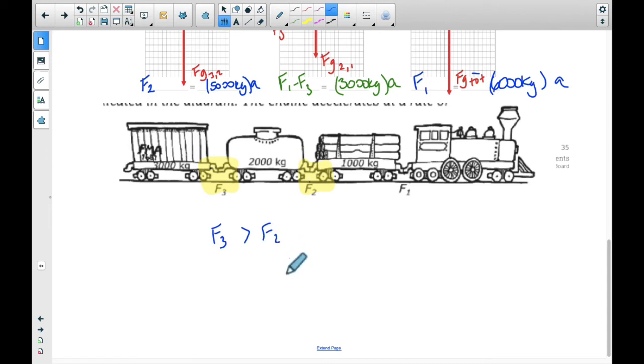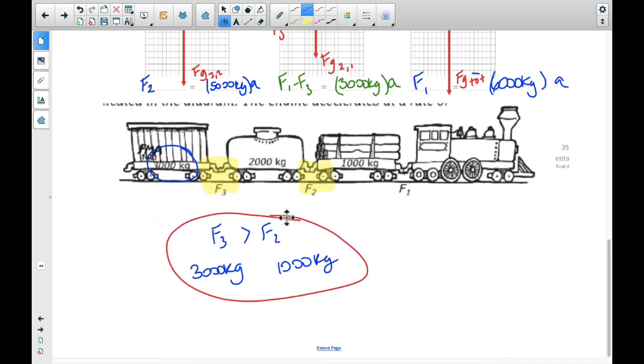And I ask them, why is that? And they say, well, because F sub 3 is pulling this 3,000 kilogram, whereas F sub 2 is pulling this 1,000 kilogram. That's not actually true. I bring it up because it's a common misconception, but that's not true.